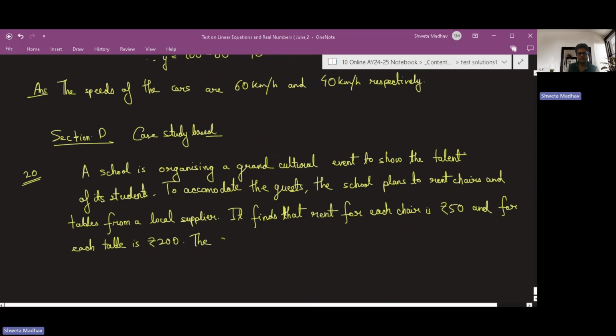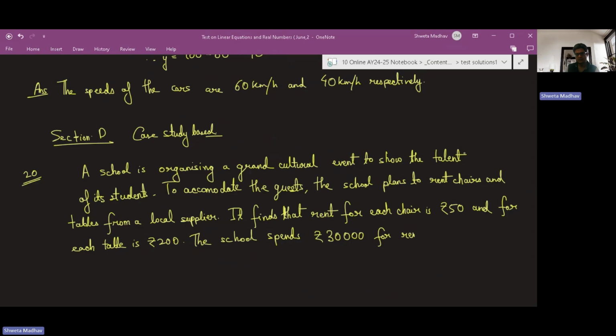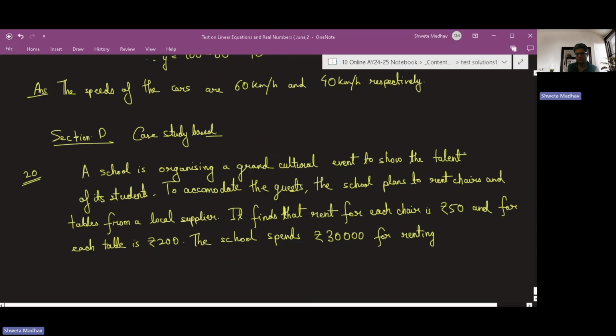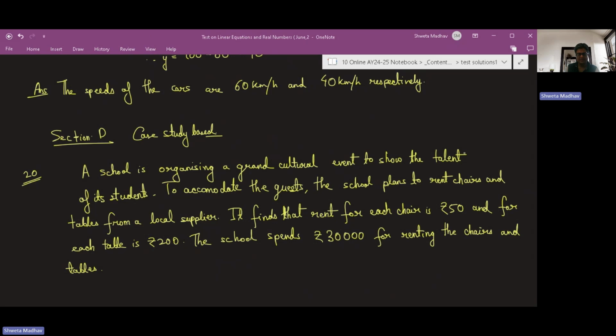The school spends rupees 30,000 for renting the chairs and tables.